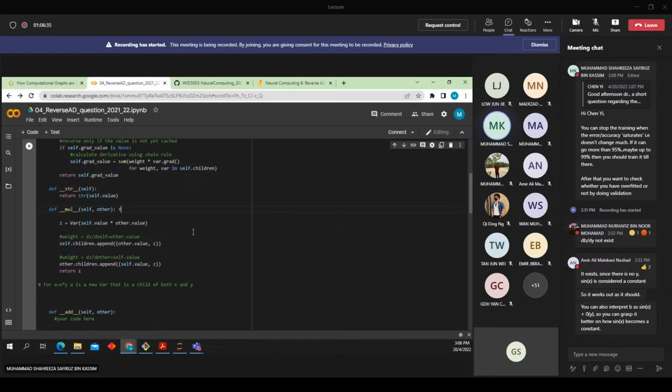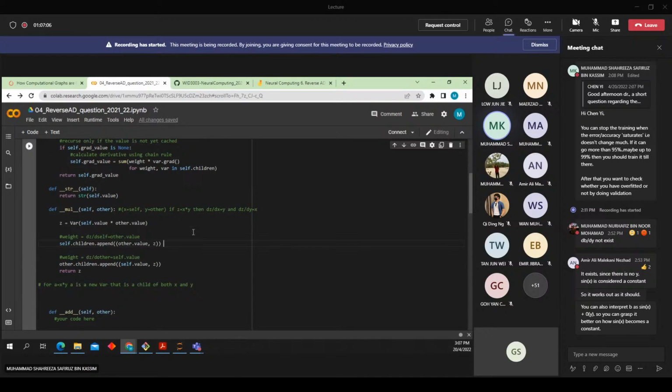Because this part is maybe kind of confusing. X equals y, self, y equals other. If z equals x, y, then the partial derivative of z with respect to x is y, right? And the partial derivative of z with respect to y will result in x.